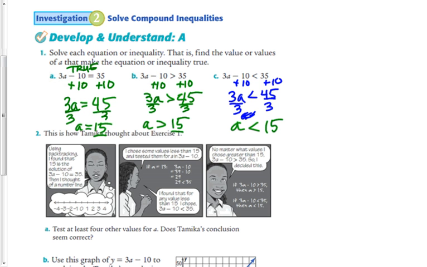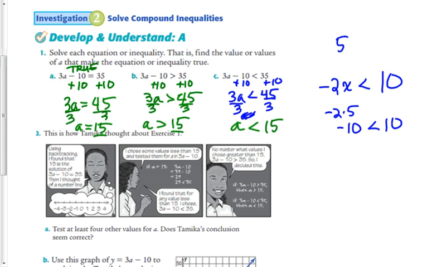There's one little catch though, and that's when you deal with certain kinds of problems. Think about this: negative 2 times x is less than 10. What numbers can I multiply by negative 2 and be less than 10? A number like 5: negative 2 times 5 is negative 10, which is less than 10.